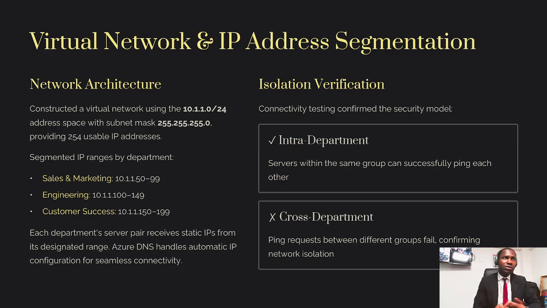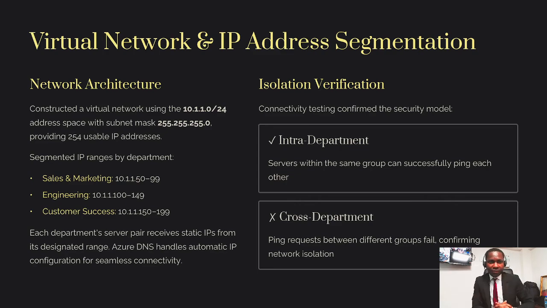Sales and marketing was on 10.1.1.50 to 99, engineering 10.1.1.100 to 149, and customer success 10.1.1.150 to 199. Each department's server pair receives static IPs from its designated range. Azure DNS handles automatic IP configuration for seamless connectivity.